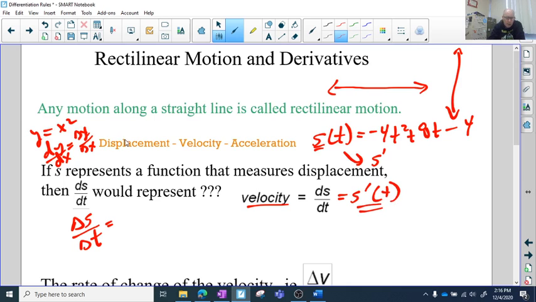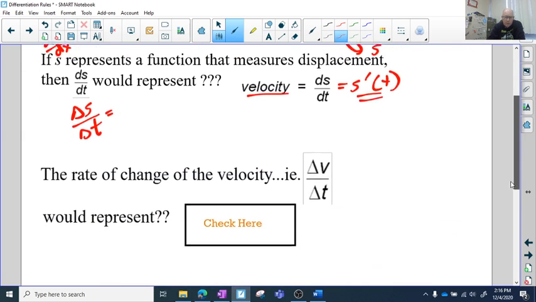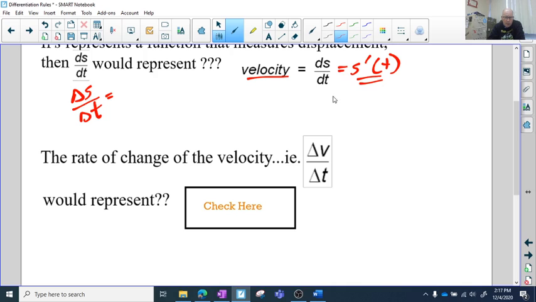There's our first connection. If I start with displacement, let's call it s, s prime will be a function that represents velocity. In the same fashion, why don't I take the derivative of the velocity? So now it's the change in s prime with respect to t.